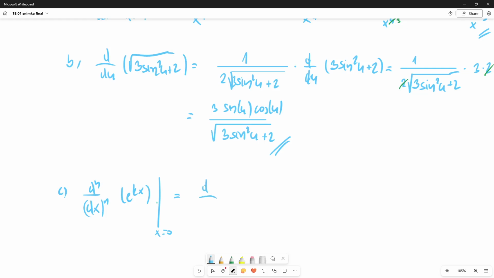Here we have n minus 1 derivative of the first derivative of e to k times x. And all of that will be evaluated at x is equal to 0.